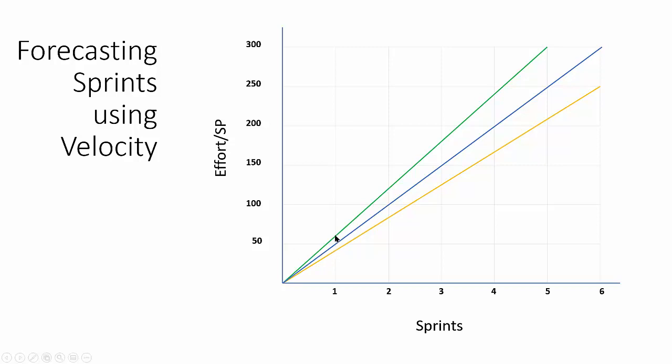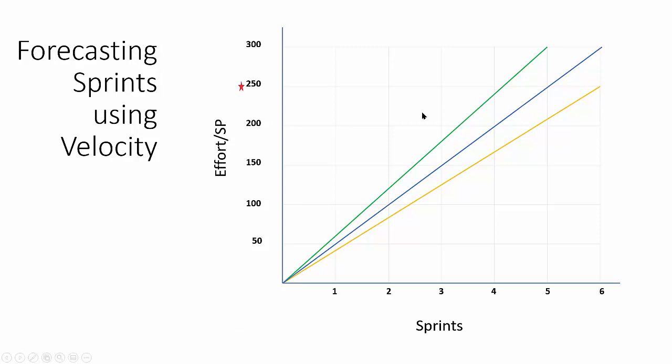So there's a certain margin here in the middle. So about 50 story points is the average. So the blue line that you see here will represent your expected amount of story points that you're able to perform per sprint, right? While the green and the yellow line represent the tolerance levels.